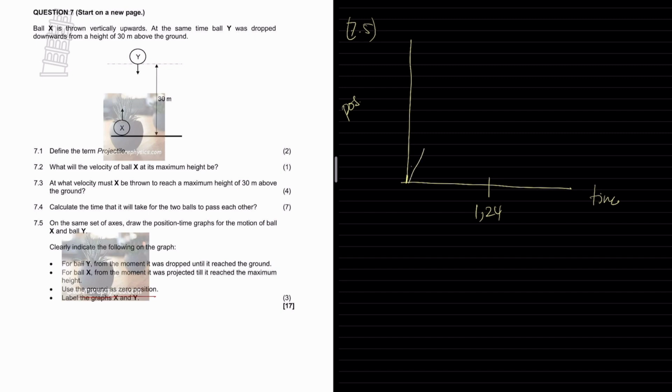It travels all the way up to its maximum height, which was 30. However, y is released from 30 meters, and then dropped down, like so. Now, this point here, it's a bit crooked, but that's the point where they meet. That is 1.24 seconds, and that's our graph.